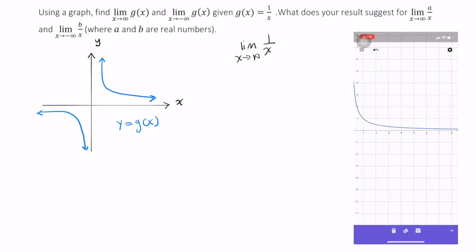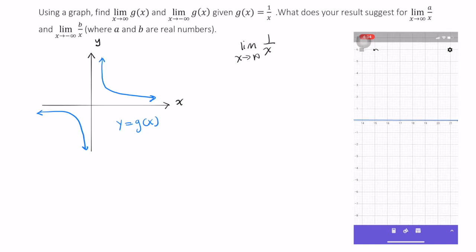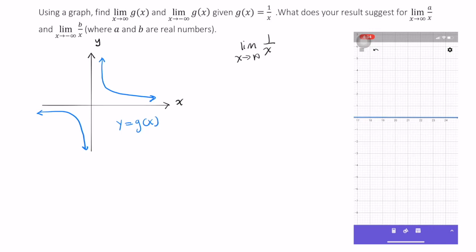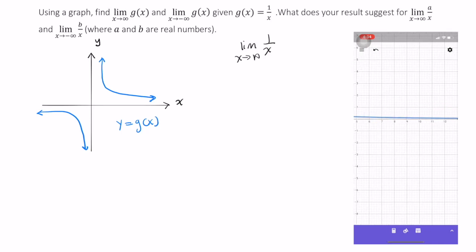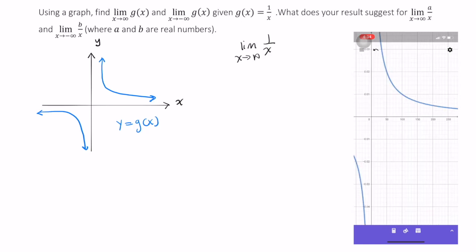And so let's just move along the x-axis. And as we get larger and larger, that is, as x gets larger and larger, it looks like this graph is becoming the x-axis. But let's double check that that is the case. And now here we are. We have larger values of x and smaller values of y.